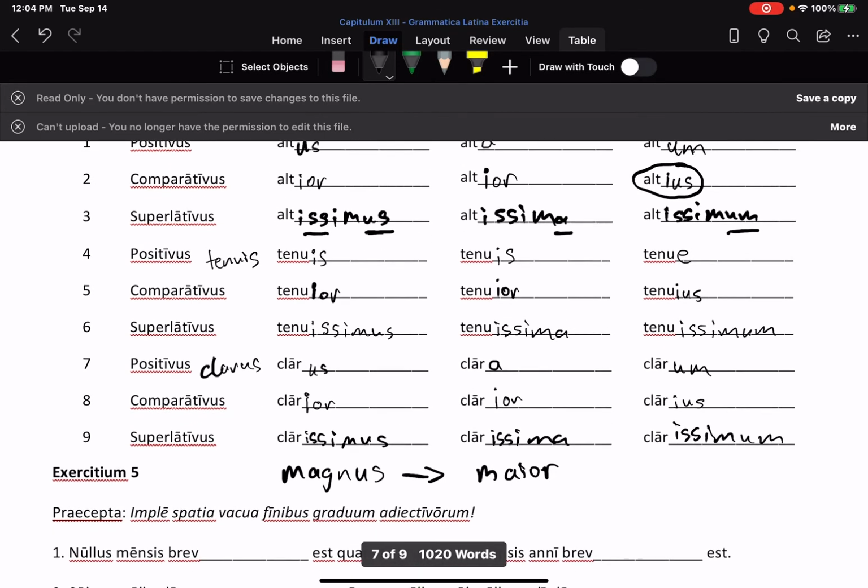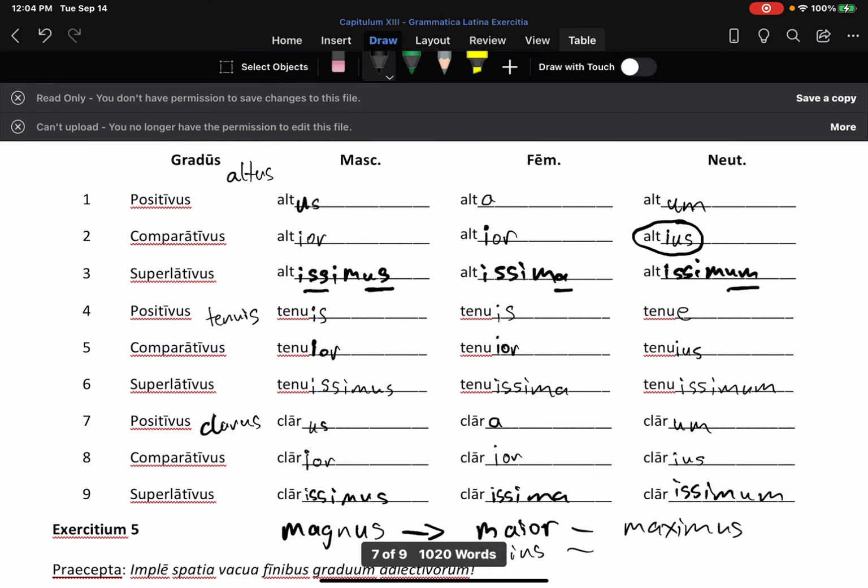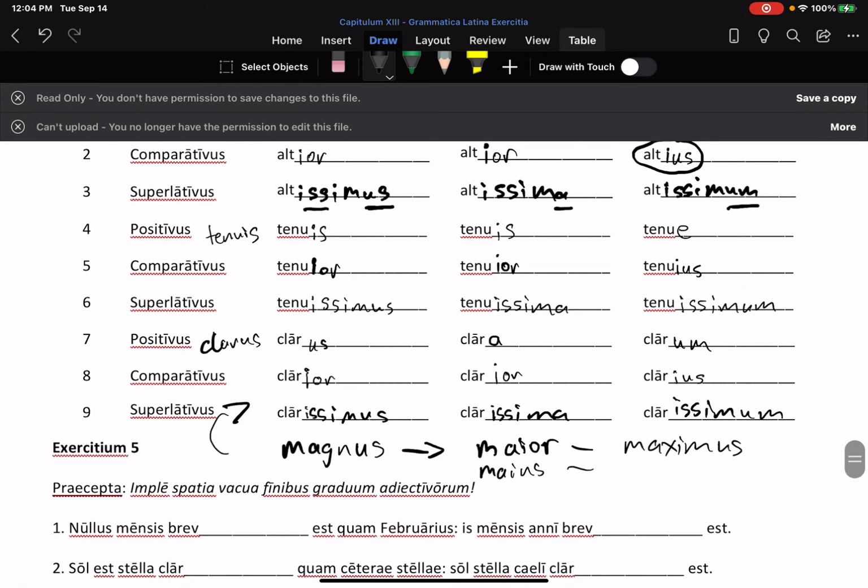And then in neuter, actually the comparative is maius, and then maximus in the superlative. So that's an irregular one that we'll learn. But for the most part, they follow the form that we just practiced above.